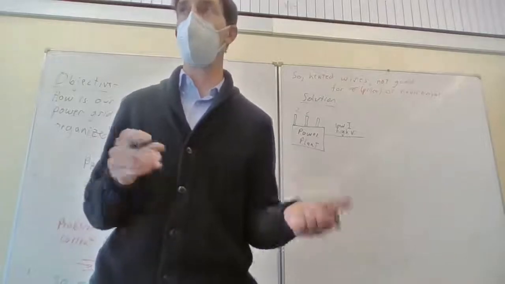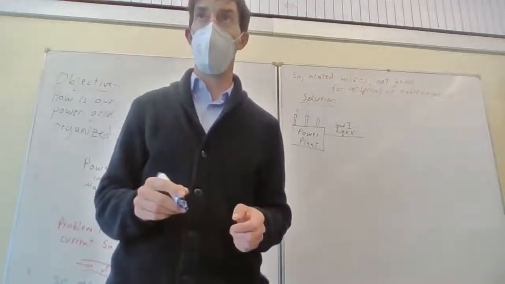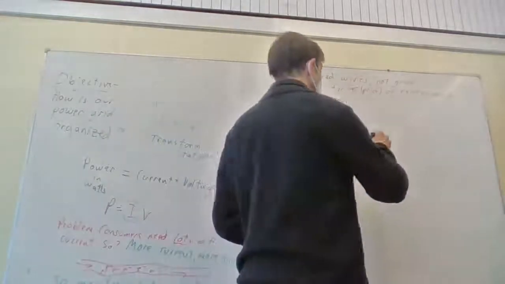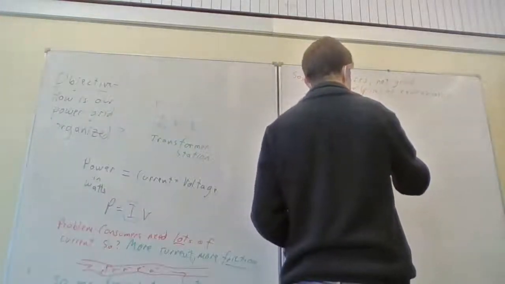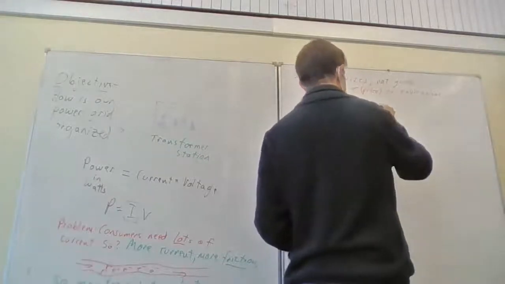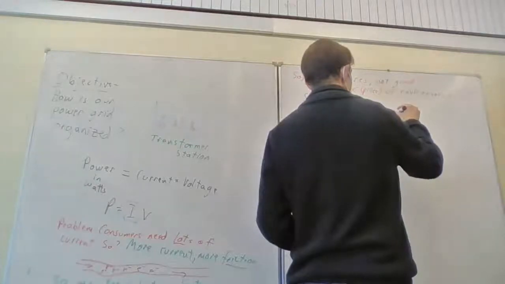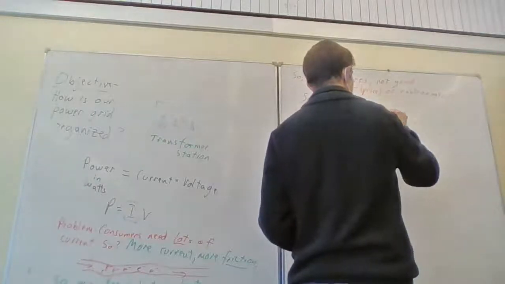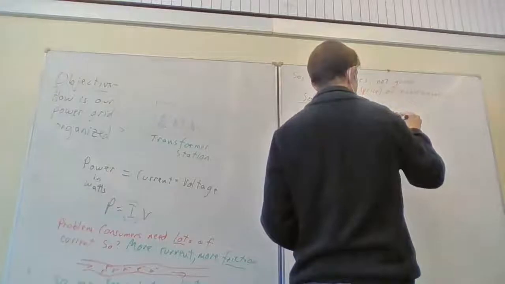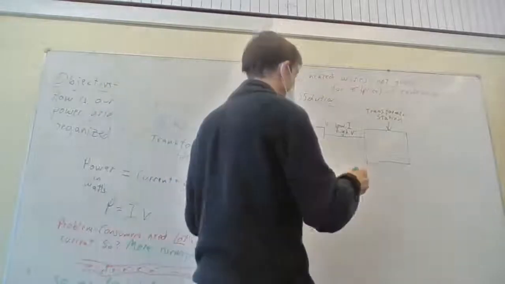Okay, then what we're going to do, before I get to the consumer, is use a transformer. So think of this being at a transformer station. Remember that thing I said was behind wire fencing? Okay.